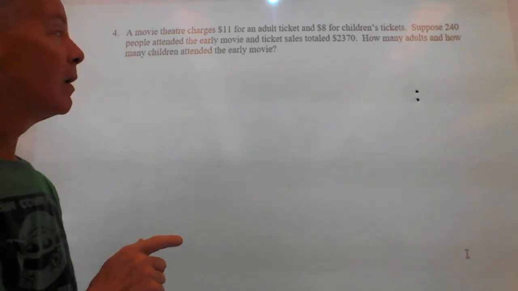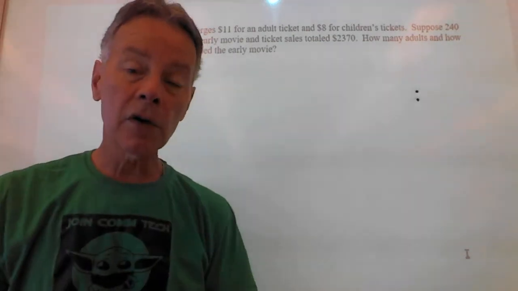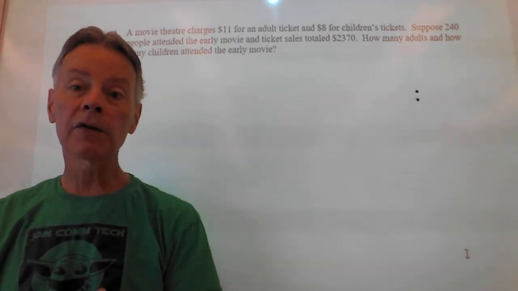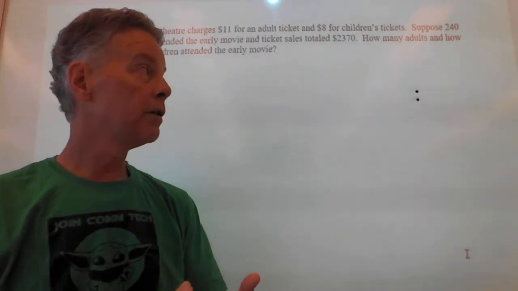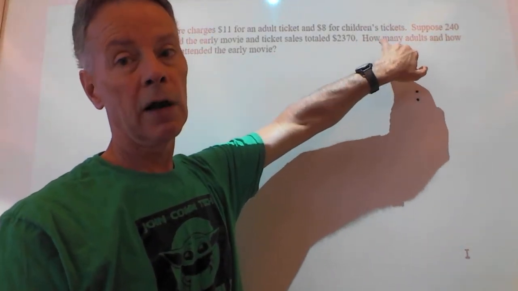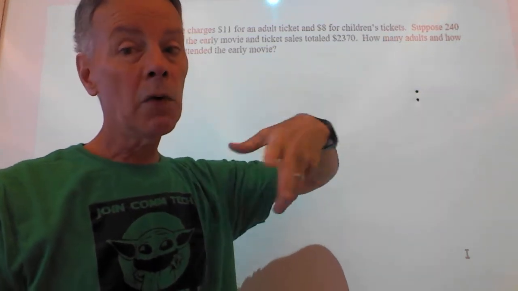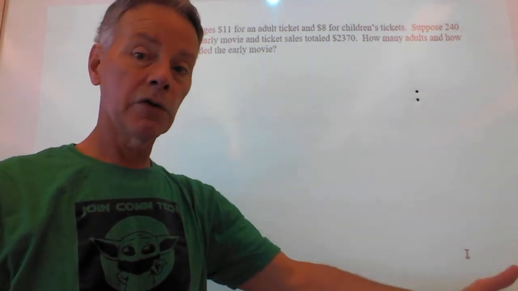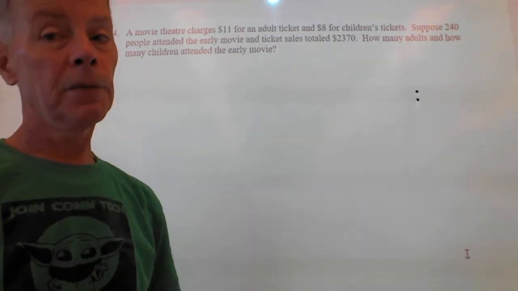Again, notice the last sentence gives us our variables. It tells us what we're supposed to figure out. We're supposed to figure out how many adults and how many children. Not what the cost of the tickets were for adults or children. They told us that. Okay?